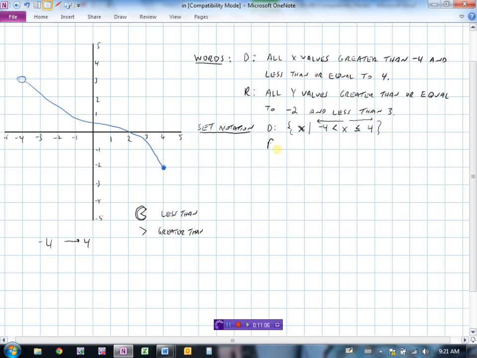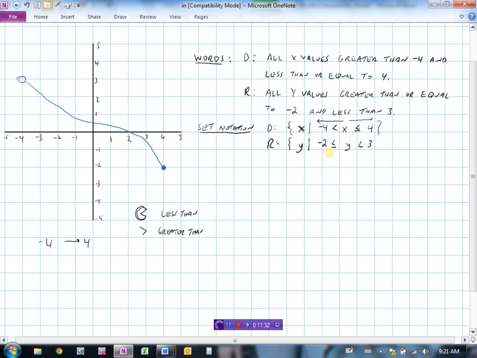So for the range, this would be y. The set of all y values, now our lower limit was -2, we put that here. Our upper limit was 3, we put that here. The -2 we can include, so we have less than or equal to. The +3 we can't include, so we just have less than.